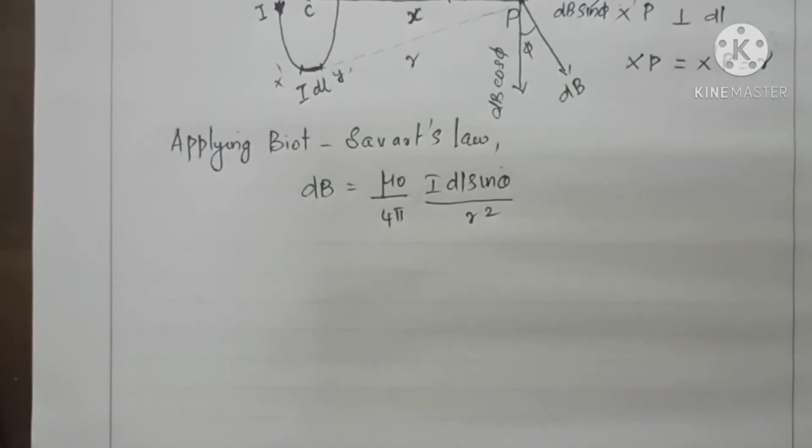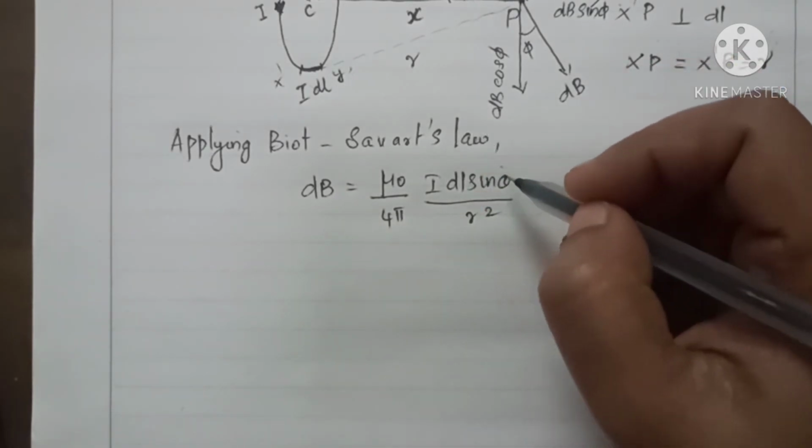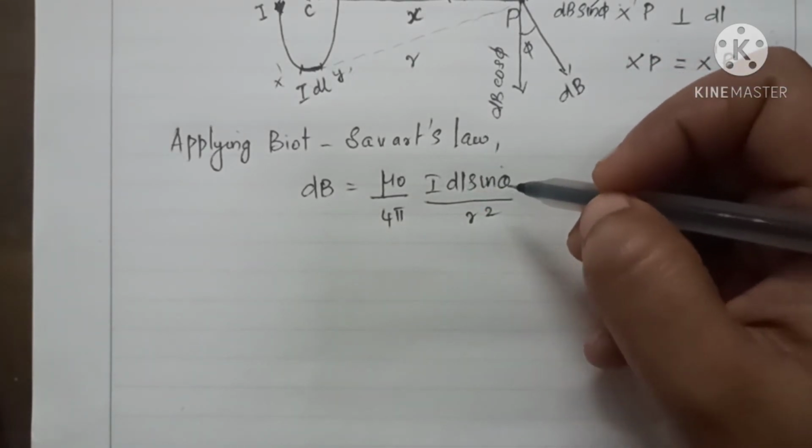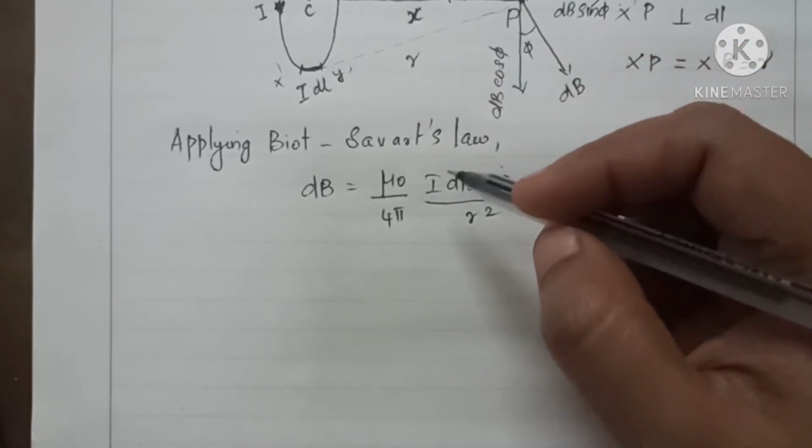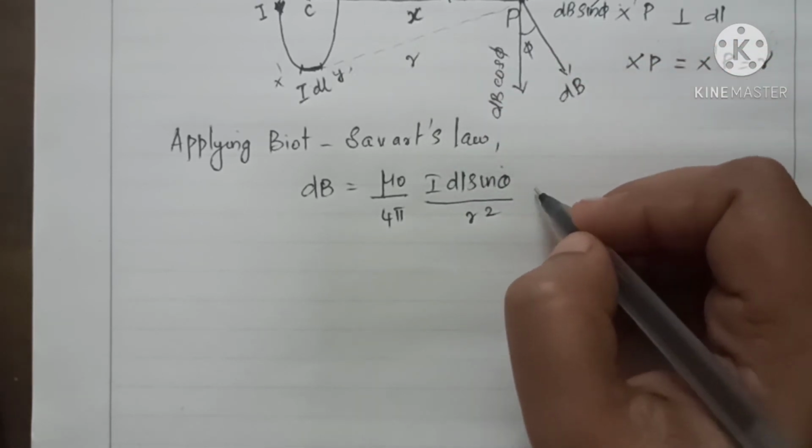Now I told that here the theta value is 90 degree because the current element is perpendicular to the magnetic field, that is theta is 90.